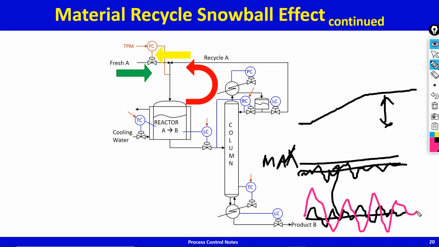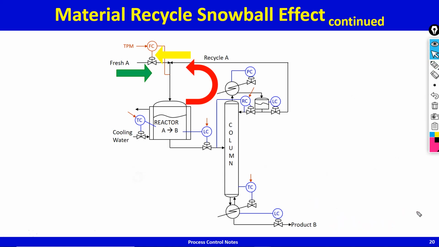Because the variability in the feed flow to the column is much less, the variability in the boil up is much less. Because the variability in the boil up is much less, I can get closer to the flooding limit of the column, which is that max. Yeah, so in this case, there are no large swings in the recycle rate, and therefore the throughput derating would be lower than the previous case. Yeah.